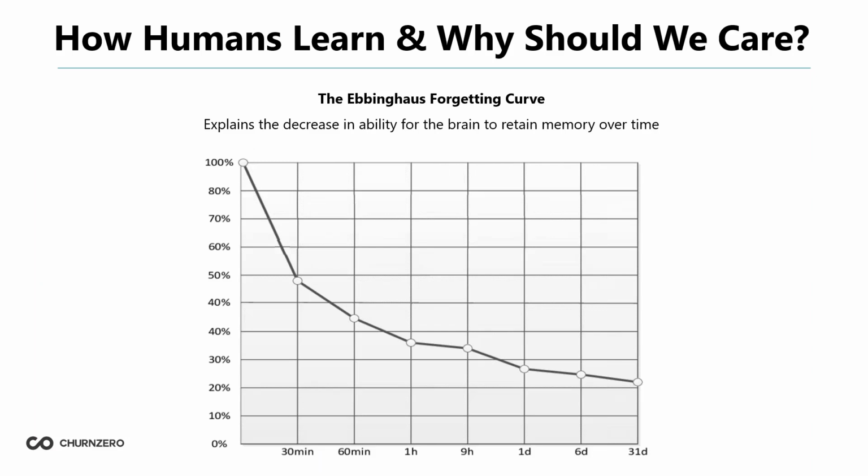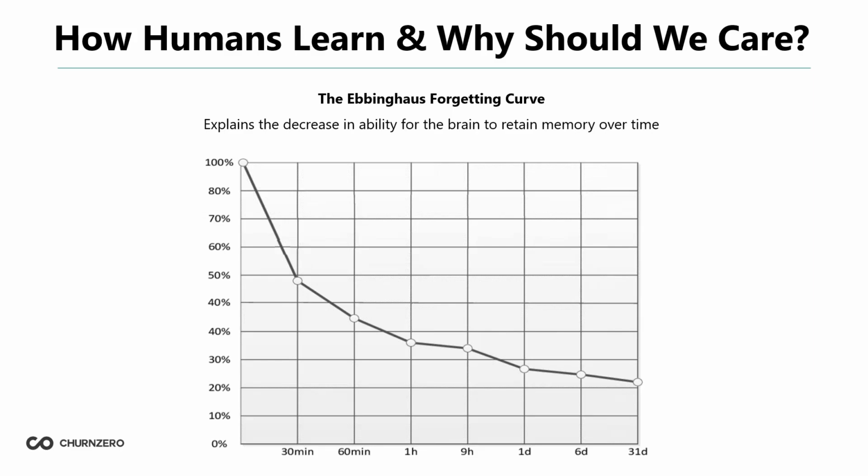To understand why it's important that we use these in customer success and in product, it's really important that we understand how humans learn. I want to introduce you to the Ebbinghaus forgetting curve. This was a study done in 1885 by Hermann Ebbinghaus, trying to explain the decrease in the brain's ability to retain memory over time.